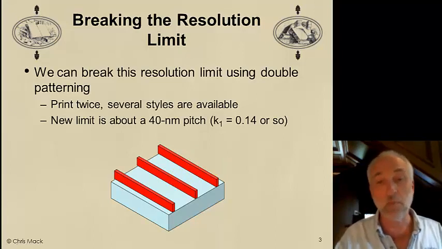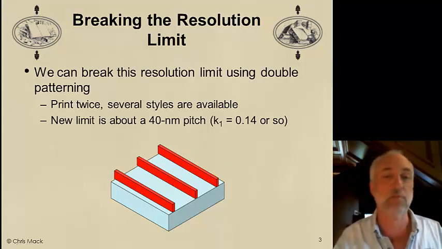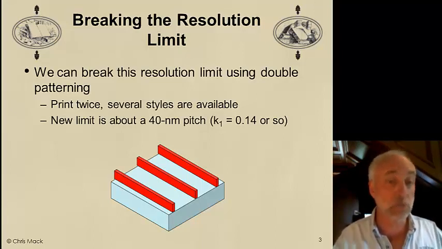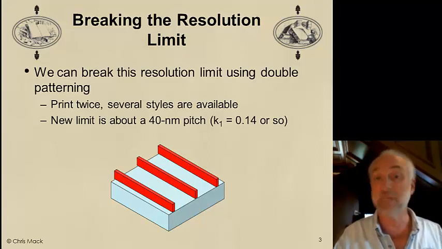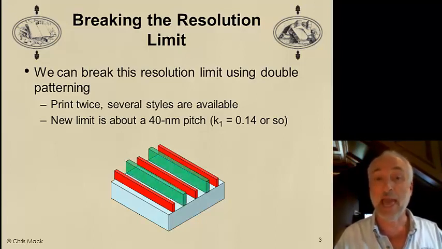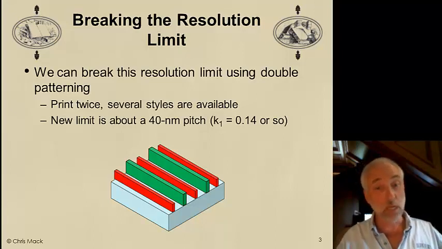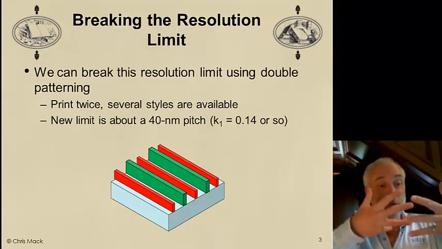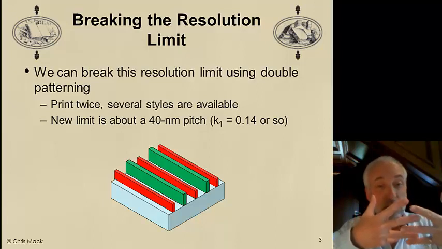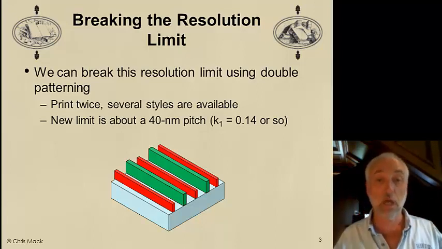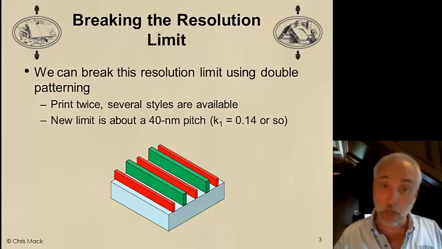Then I could come back with a second lithography process, printing again small 20 nanometer lines on an 80 nanometer pitch, but now shifted by half of the pitch off to the side. By taking these two patterns and interspersing them, I can get a net result of half of the pitch.